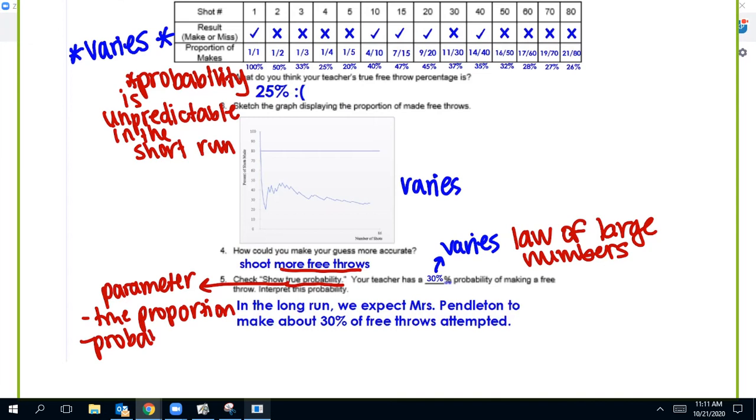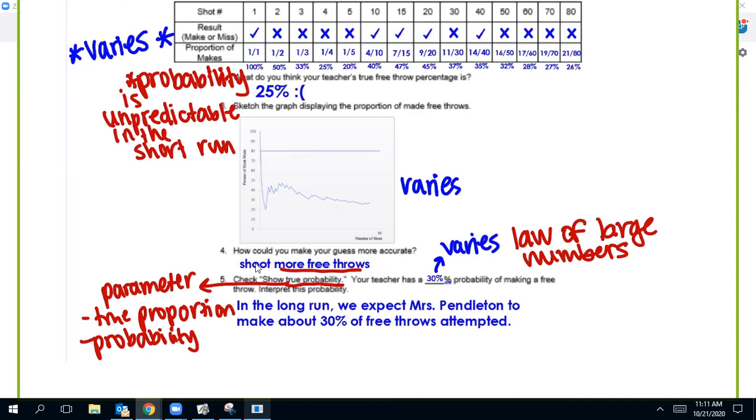In this case, each of the shots in the table would be called statistics because they came from samples. And so probability is the long run estimate of proportions.